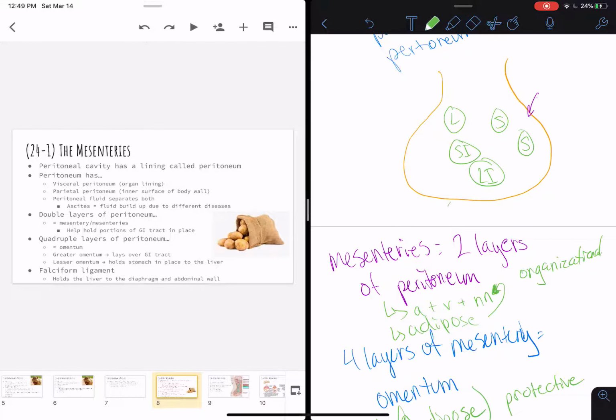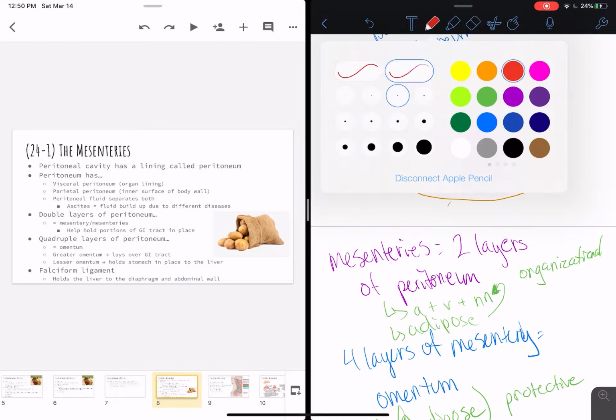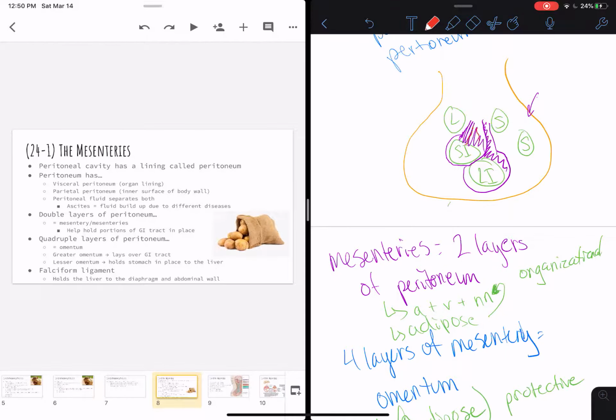So in purple, I'm going to have my mesentery, and my mesenteries are going to strap in 2 important items. One is going to be the small intestine, and I'll shade that in. And then the other is going to be the large intestine. And again, we're going to have our arteries and veins in here. Okay, so you saw this whenever you were dissecting.